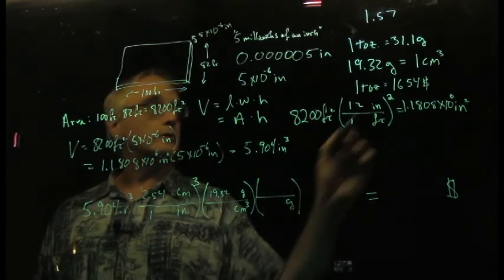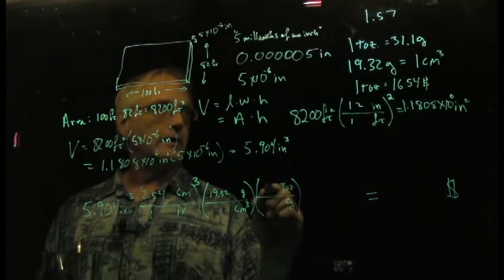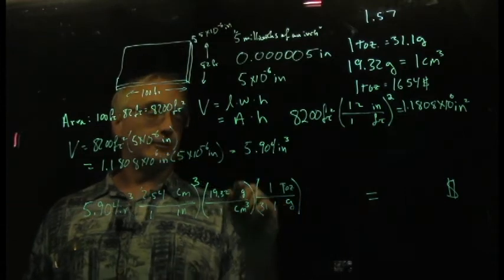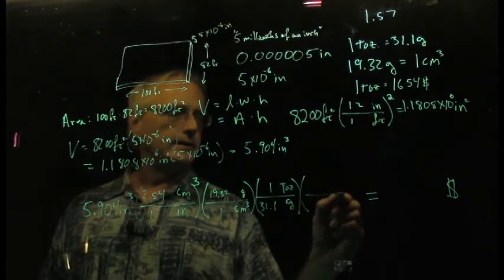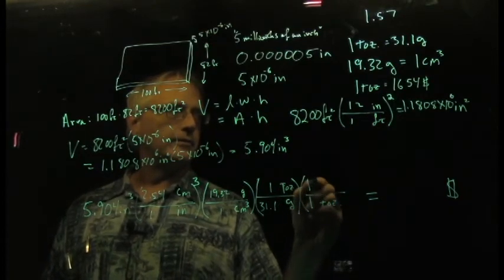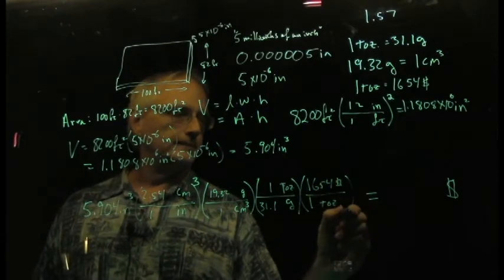Grams, I can turn grams into troy ounces. And I'm told 1 troy ounce is 31.1 grams. And finally, 1 troy ounce is worth $1,654 in gold.